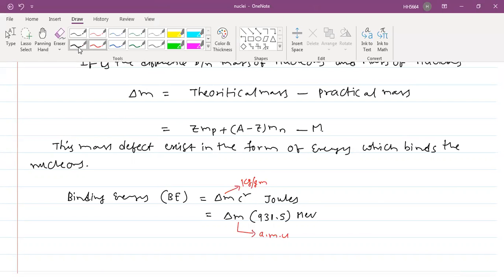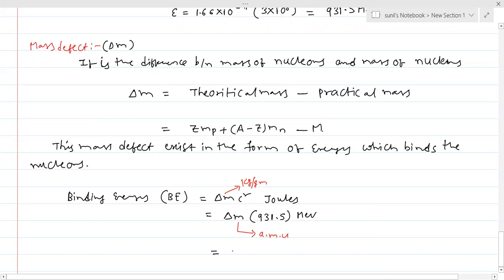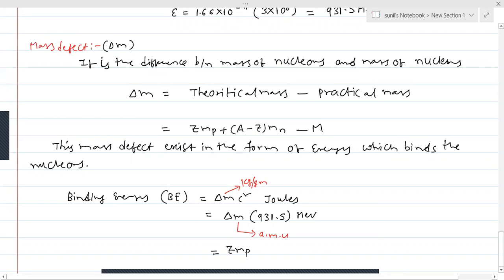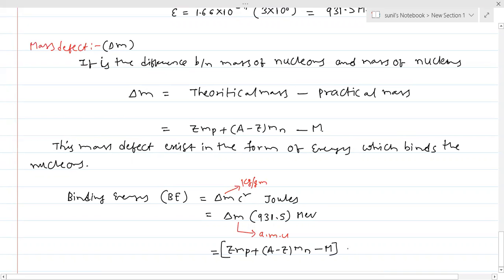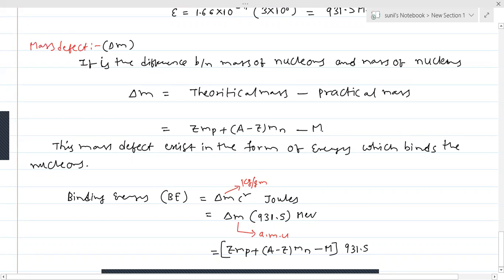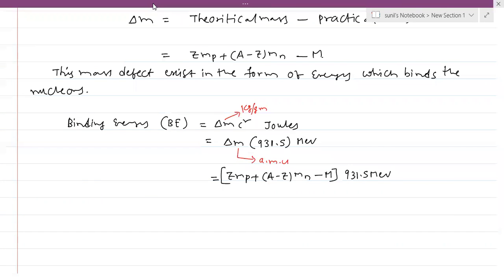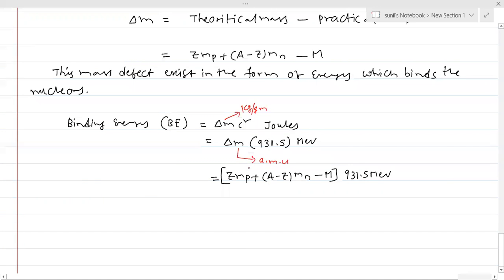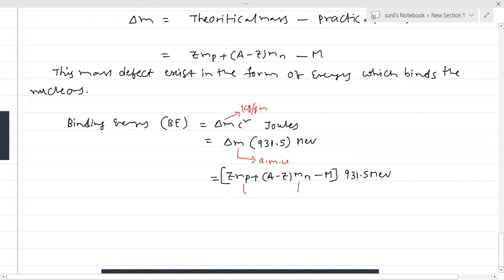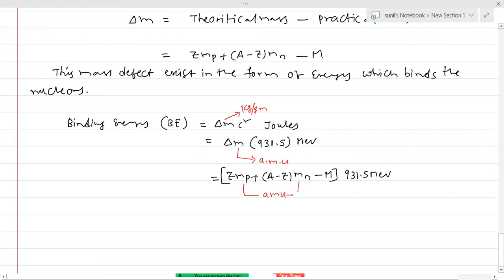Also, binding energy equals Z into Mp plus A minus Z into Mn, minus M, into 931.5 MeV, instead of delta M. In both cases, the mass of proton or mass of neutron should be expressed in AMUs.